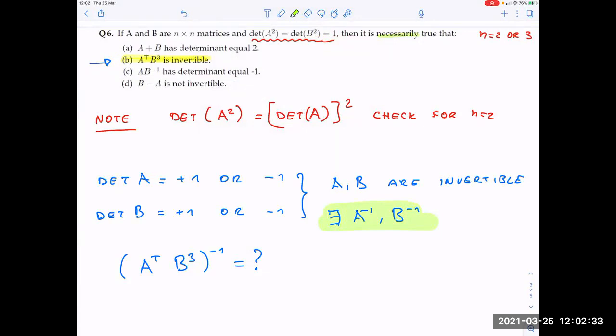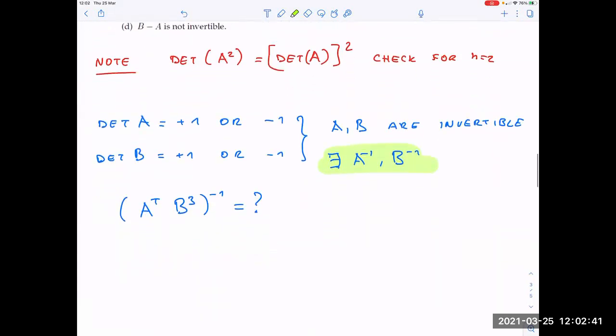Yeah, exactly. So the idea is, well, I want to multiply A transpose B cubed into the identity. So the first thing I can do, for example, if I multiply to the left, is to multiply by the inverse of A transpose.